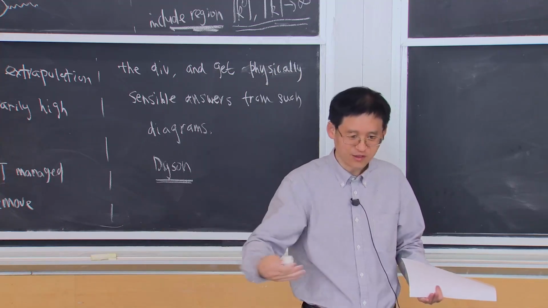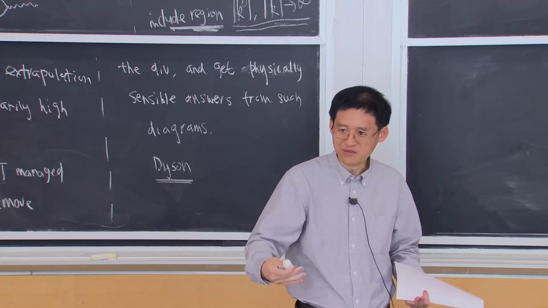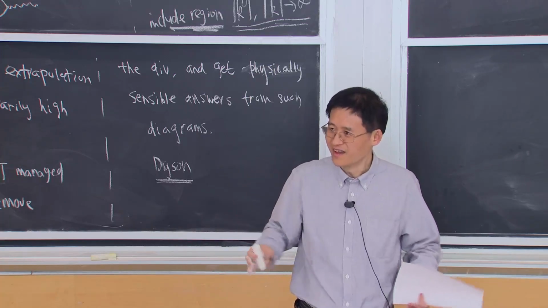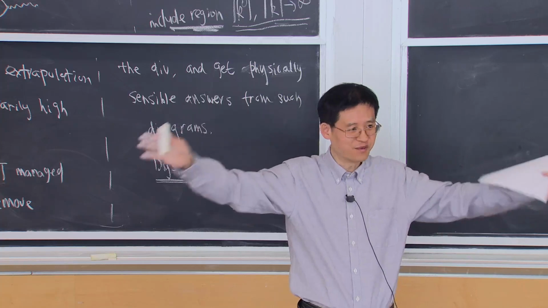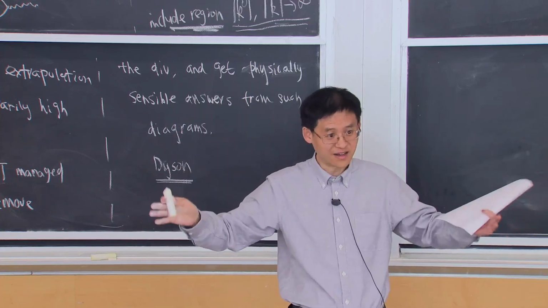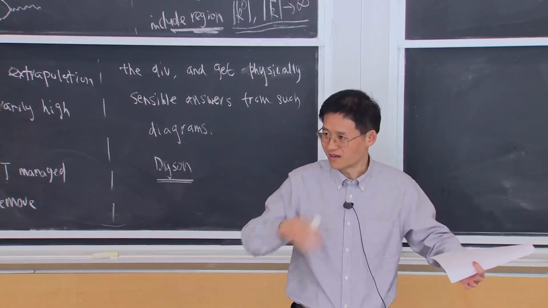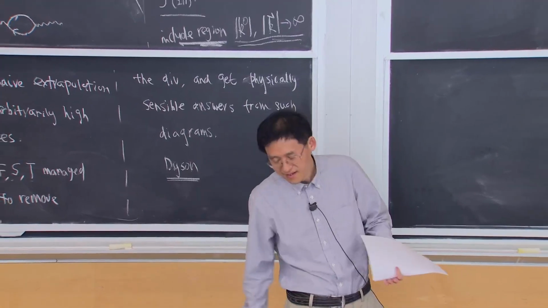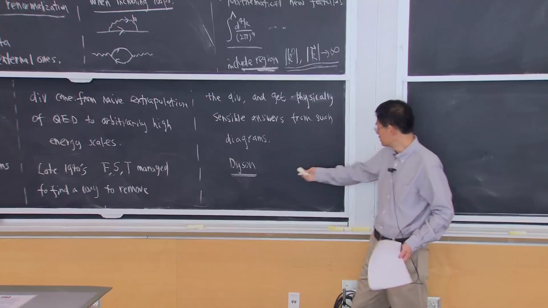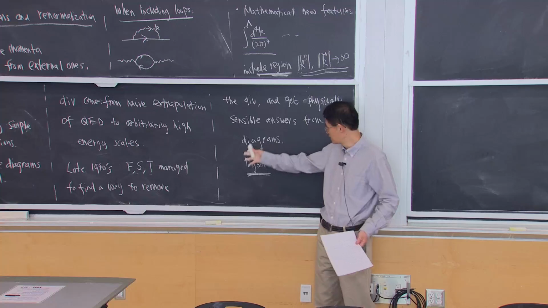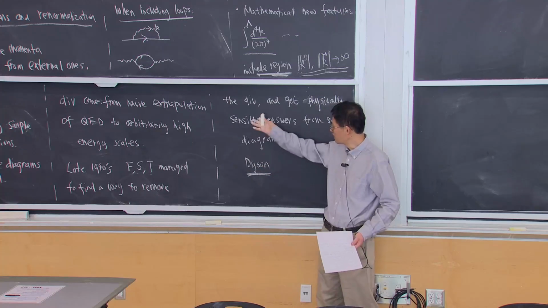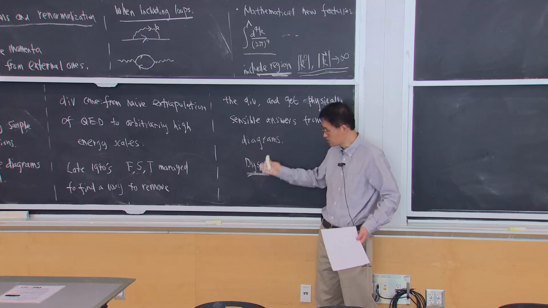People went through there, learned the Feynman diagram techniques from Dyson, and then spread them to all other places. That's how the techniques spread through the physics community.